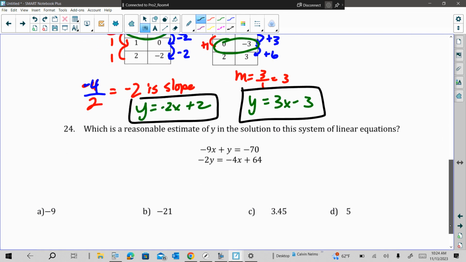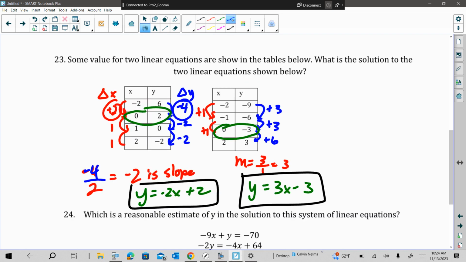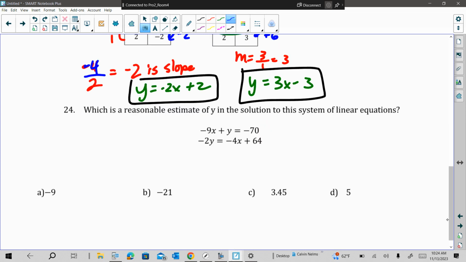All right, then another test-like multiple choice question asking you for a reasonable estimate. So I can maybe isolate this bottom one here by just dividing everything by -2.